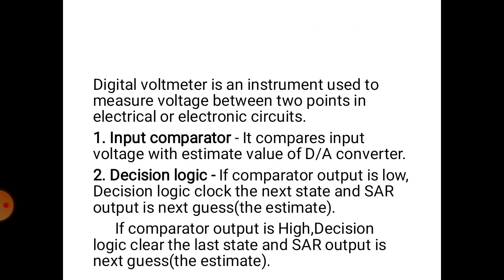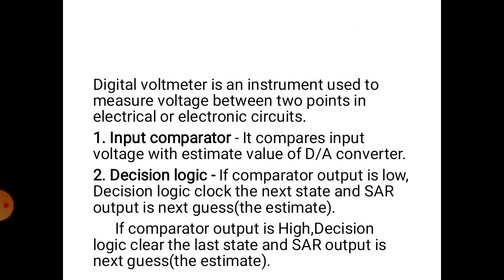Then decision logic. If the comparator output is low, then decision logic clocks the next state, and the successive approximation register output is the next guess, that is the next estimate. If the comparator output is high, then decision logic will clear the last state, and SAR output is the next guess.